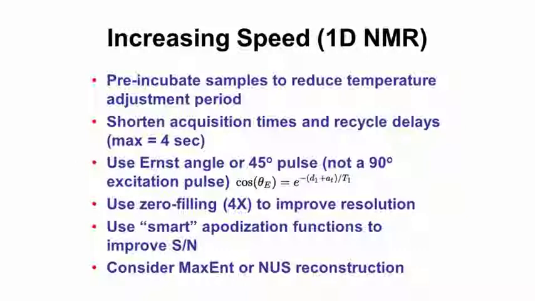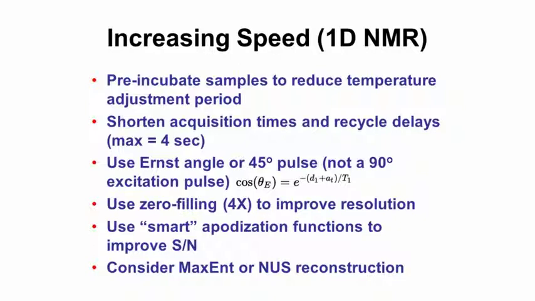There are other ways of improving the speed at which you do NMR. So typically, if you're using a SampleJet, some of them refrigerate the samples. But in many cases, people will put the sample, refrigerated, into the NMR and wait for it to warm up for 10 minutes.